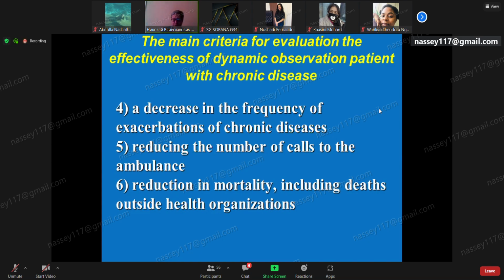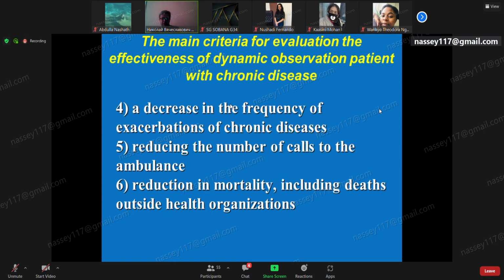We should also estimate reducing the number of calls to the ambulance due to any chronic disease exacerbations, due to hypertensive crisis, due to bronchial asthma attack, and others. And one of the most important parameters is a reduction in mortality parameters, including deaths outside medical organizations.